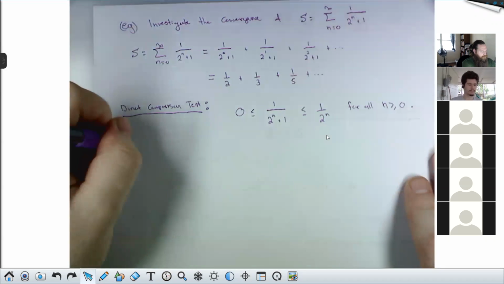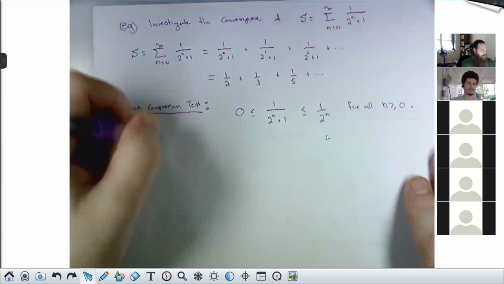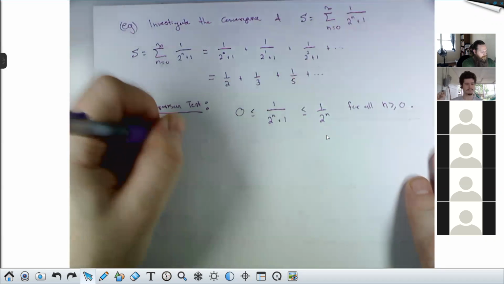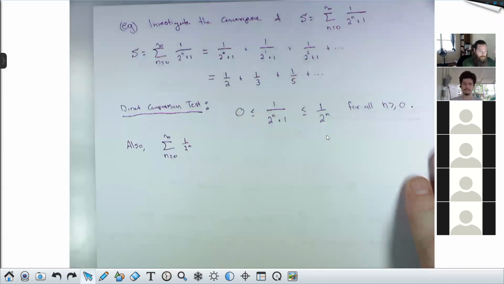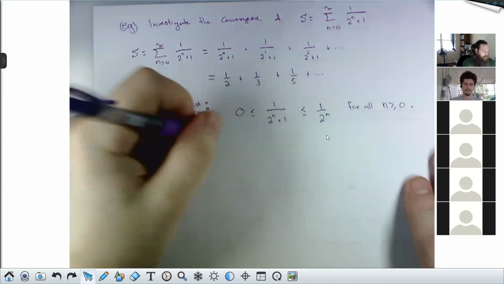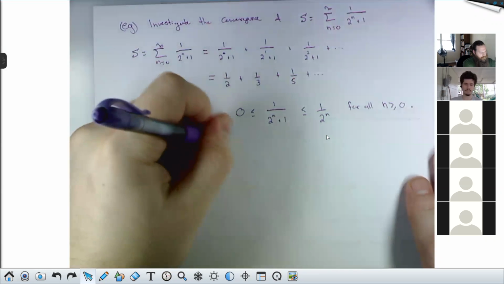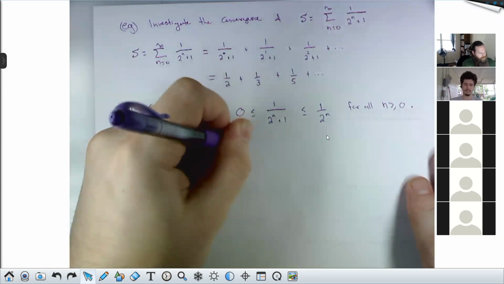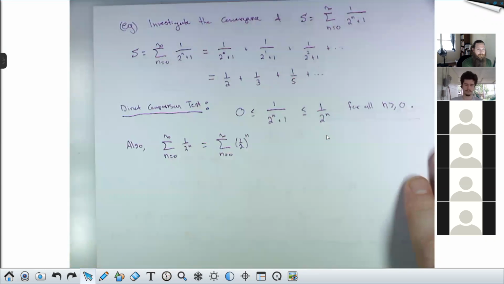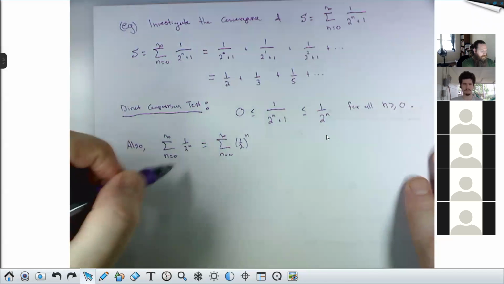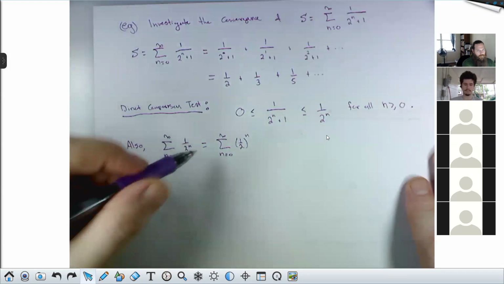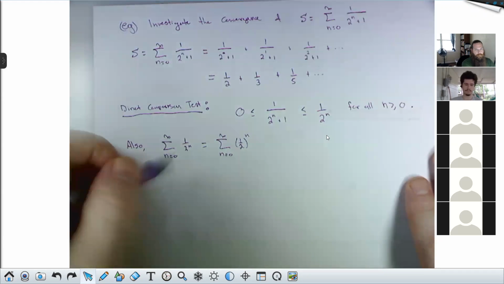Also, the sum from n equals 0 to infinity of 1 over 2 to the n is the sum from n equals 0 to infinity of (1/2) to the n. The algebra there is just that 1 to the n is 1. So this is like 1 to the n over 2 to the n, which is the same as (1/2) to the n.